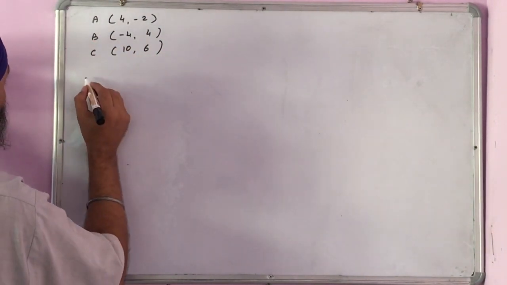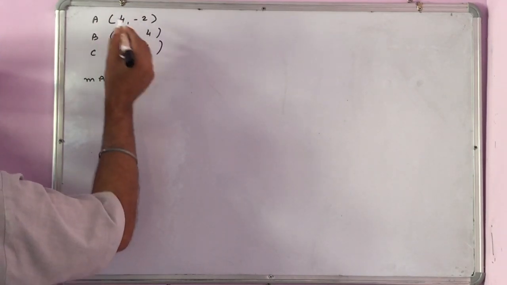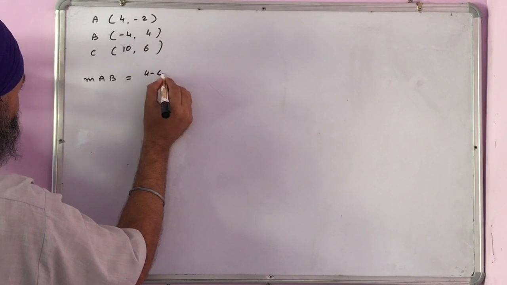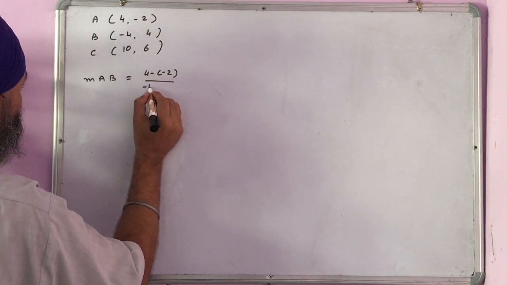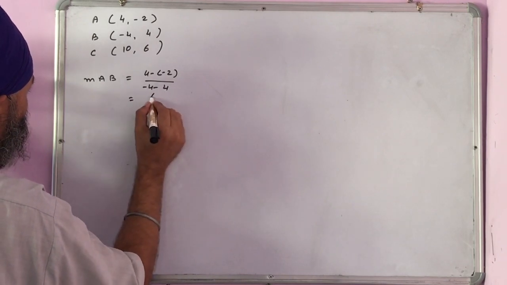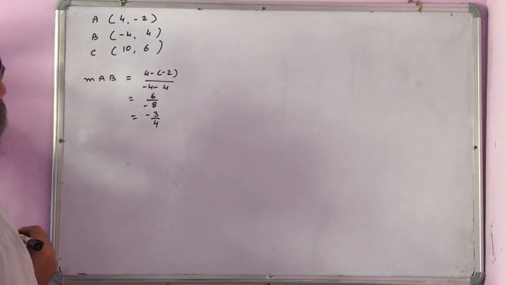So I find slopes of all the lines. What is the slope of AB? y2 minus y1, 4 minus minus 2, upon x2 minus x1, that is 6 upon minus 8, or minus 3 upon 4.